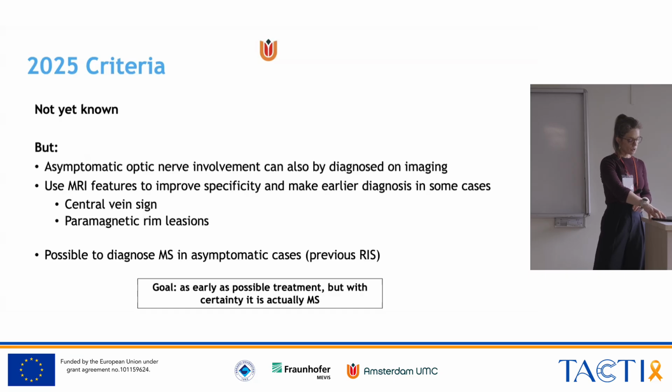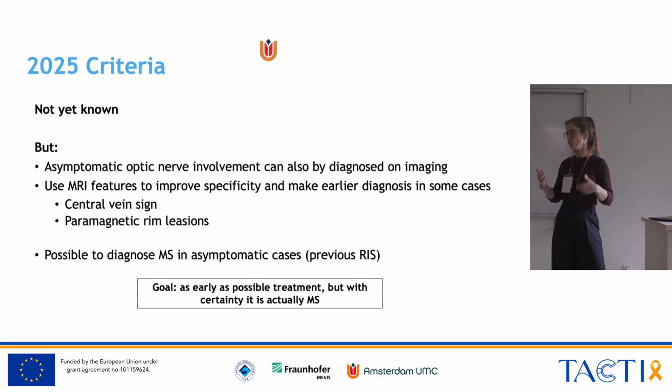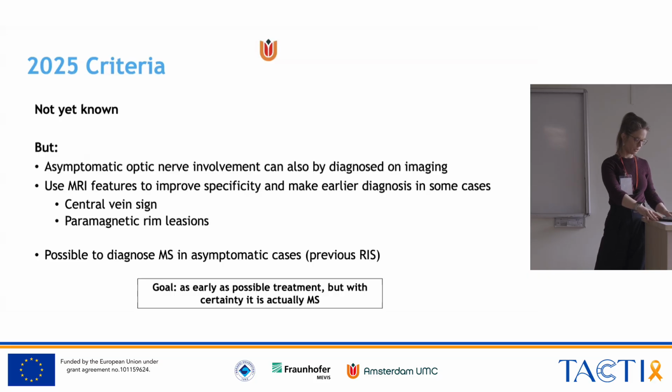What is also an important thing is that it's now possible to diagnose MS in asymptomatic cases, which we would have called radiologically isolated syndrome, but in some cases we will be calling that multiple sclerosis in the near future. And of course, the question is, why do we do that? Again, we want to have a diagnosis as soon as possible to prevent disability and also future damage.